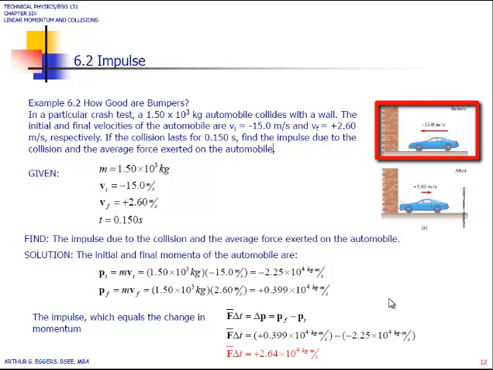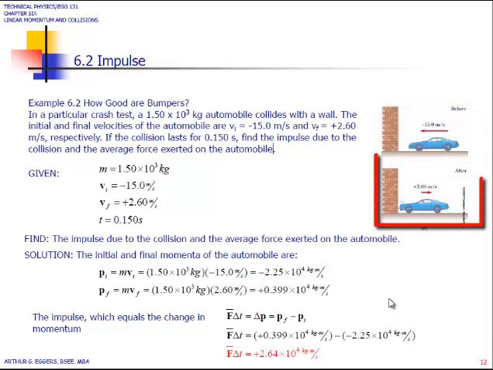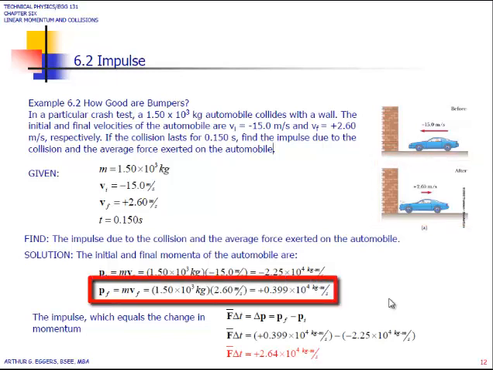The direction of the automobile, just like we've done before, accounts for that negative and positive sign by laying it on the axis, the number line. We have to conform to those standards that we defined early in the course. So we do the same thing for the final value, and we end up with the two momentum values before and after the collision.